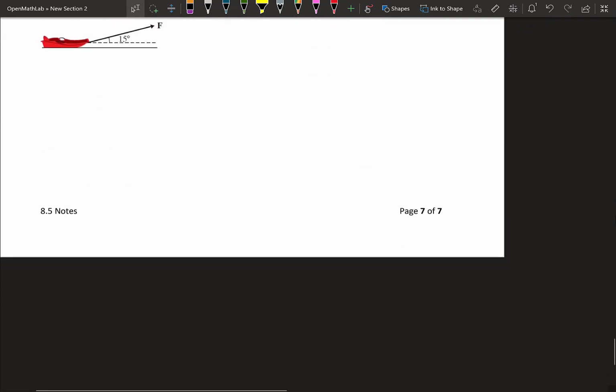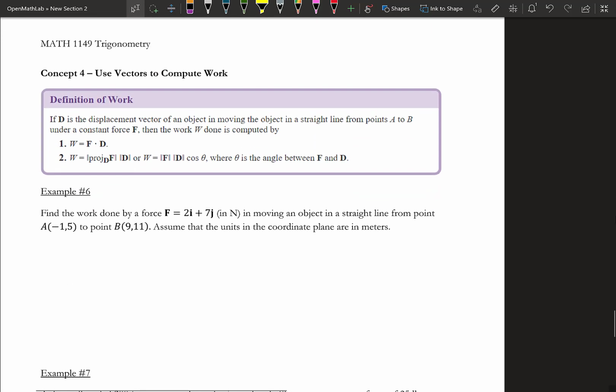And then the last concept here, and we have two examples with this, is using vectors to compute work, right? So work is another idea from physics that we can use projections and dot products to help us find. So if D is the displacement vector of an object moving the object in a straight line from points A to B under a constant force F, then the work done is computed by the following.